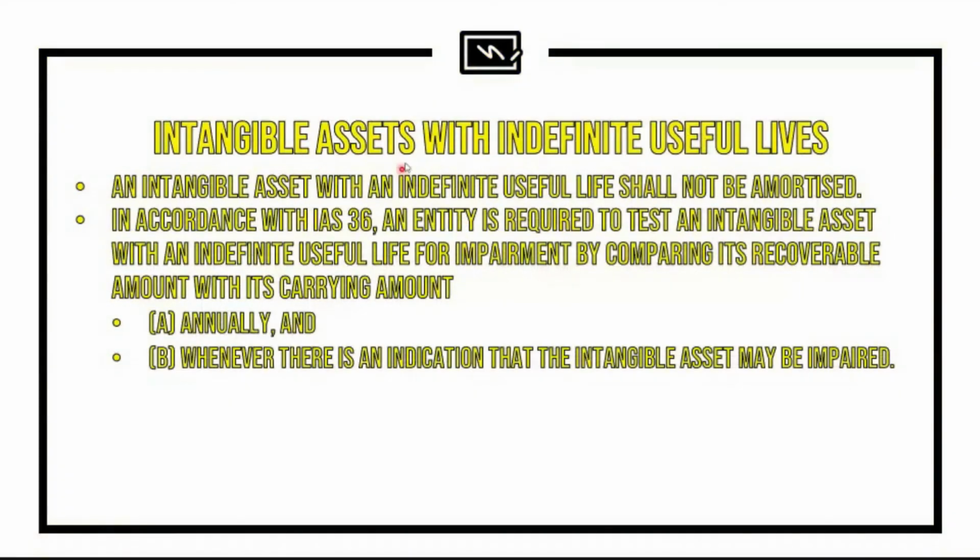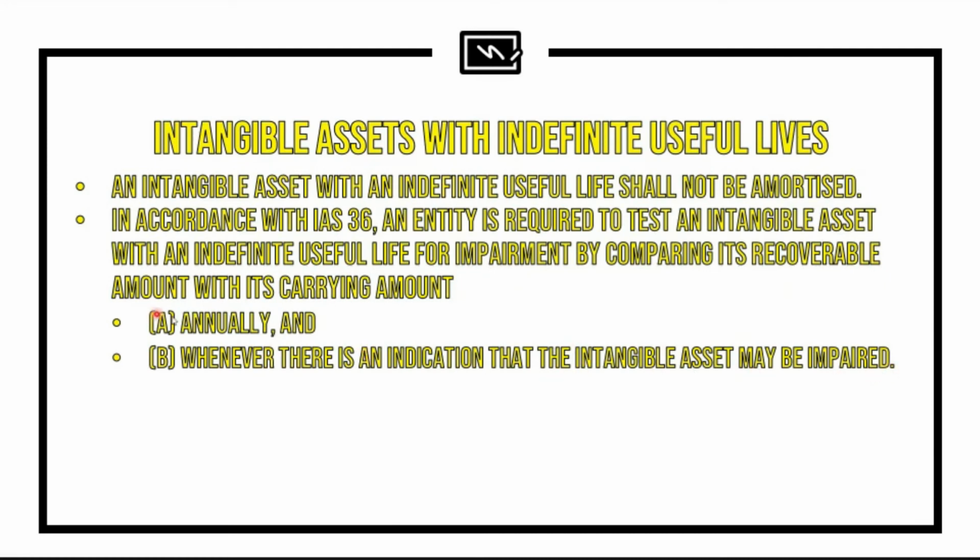How about for intangible assets with indefinite useful lives? Of course, since there is no specific useful life, then we cannot do the usual amortization. So instead, in accordance with IAS 36, which we already discussed before, it simply requires us to test for impairment the intangible asset at least annually, or whenever there is an indication that the intangible asset may be impaired.